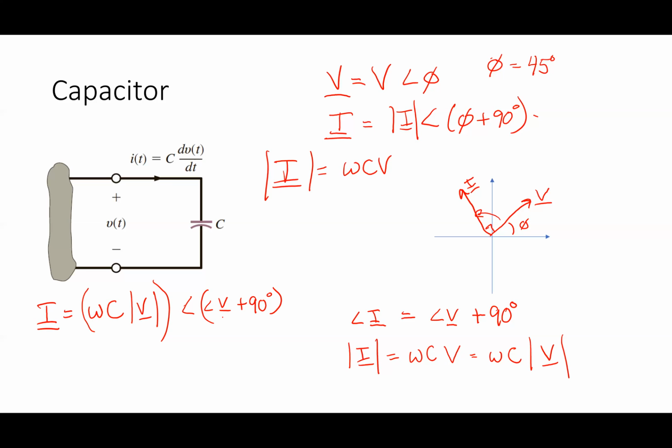You guys follow what I just wrote there? In this case, if the angle of the voltage is 45 degrees, this number would be 45 plus 90. That's basically writing this out with complex numbers.